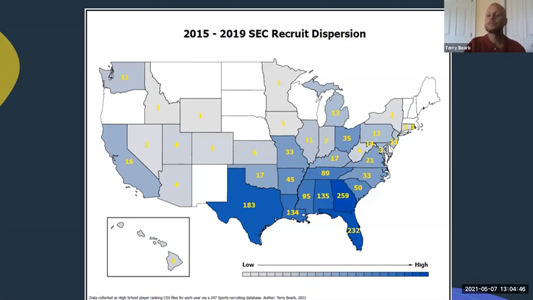And as we can see here, there's very dense recruitment in the Southeast. That's indicated by both the numbers you see inside the polygon as well as the colors on the map. As it gets higher, the colors get darker as well. And we can see as we navigate away from the Southeast, those numbers decline drastically. Overall, we see that the state of Georgia had the most at 259 athletes.